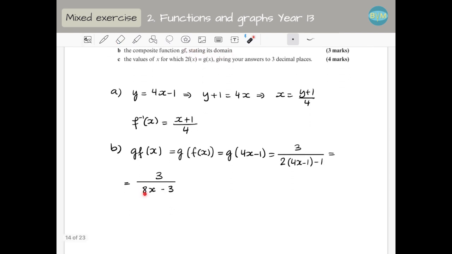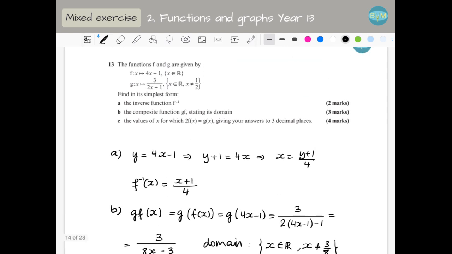So this function is going to be defined for any real number except when this denominator is 0, because then the function wouldn't be defined. So x has to be different than 3/8, because that value would make the denominator 0.